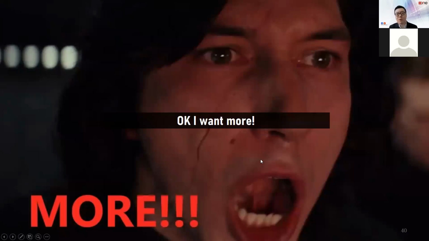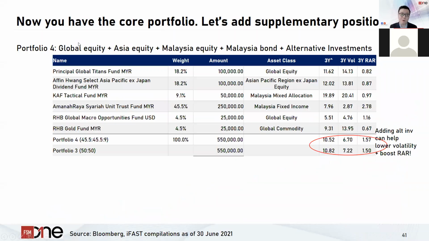Let's say you want more. Now we have the core portfolio already. Okay, global, Asia, Malaysia, and Malaysia bond. So let's add some supplementary positions, which we also have on offer in our platform. Investors can gain access to different asset classes like hedge fund strategy, commodities, and gold, for example.